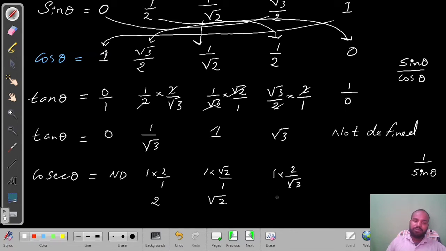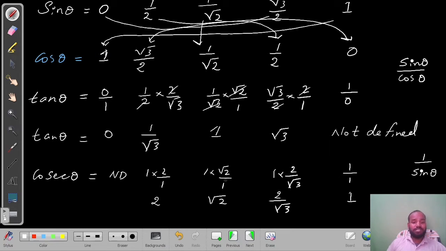So your cosec 60 is 2 by root 3. Next one is 1 by sine, 1 by 1 is 1. So your cosec 90 is 1.